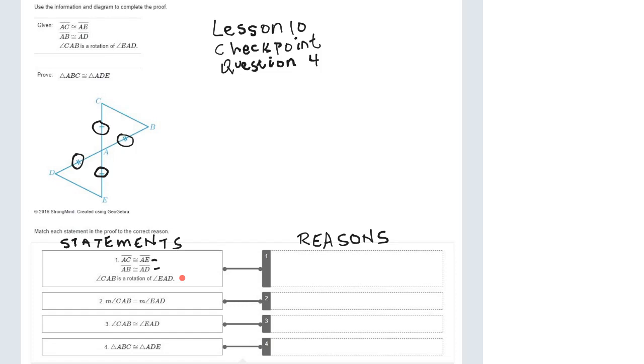That was the big lesson, the big part of lesson 8. But we also learned about rotation rules. Translation is sliding, rotation is turning.